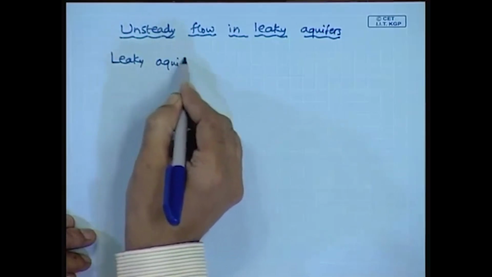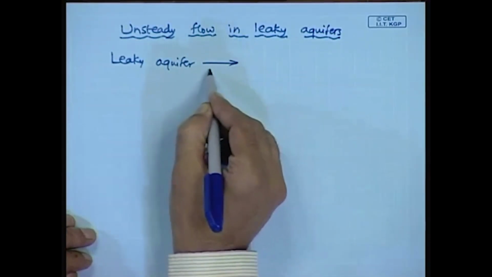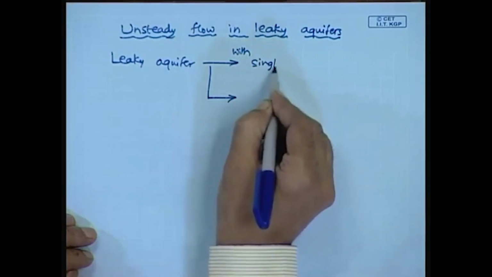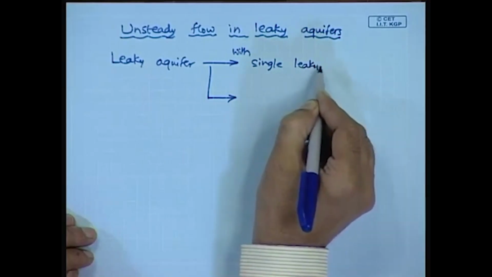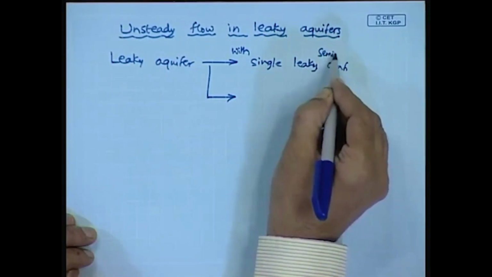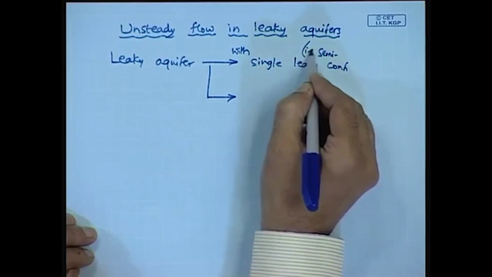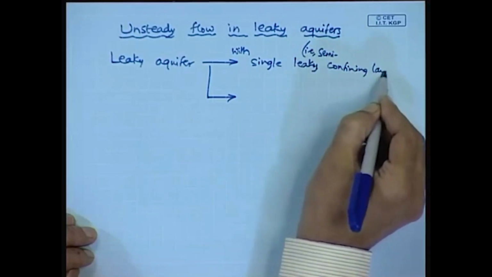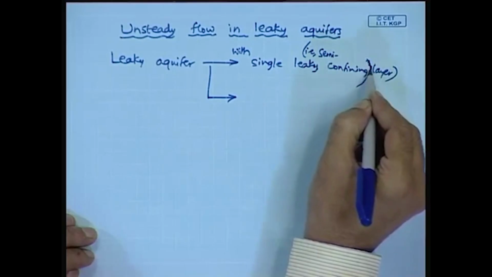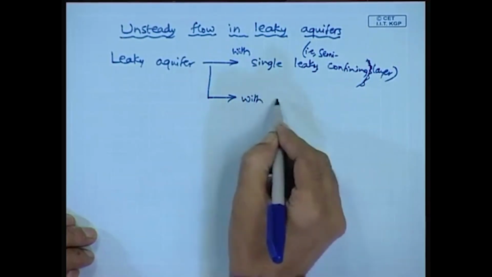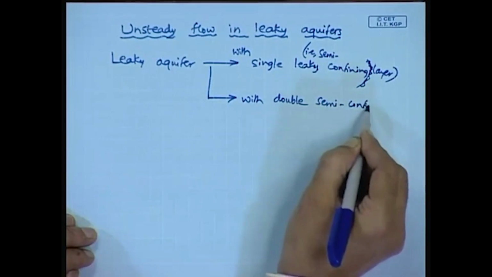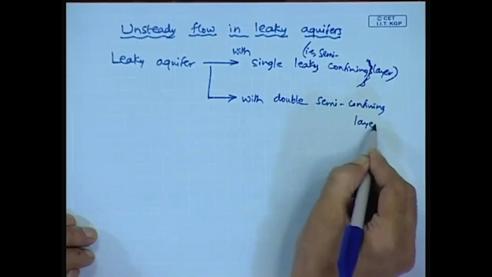This leaky aquifer may have a single leaky confining layer, or rather a semi-confining layer, that is, a leaky semi-confining layer, or it may have double semi-confining layers.